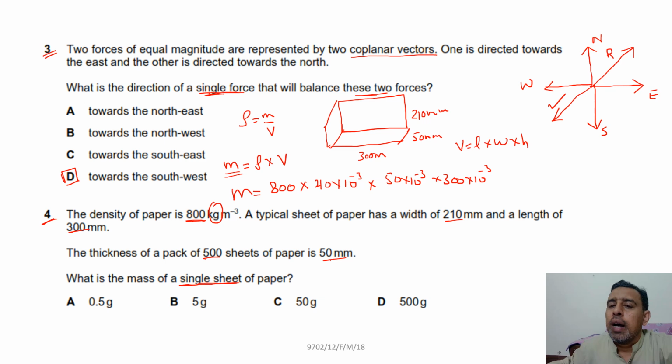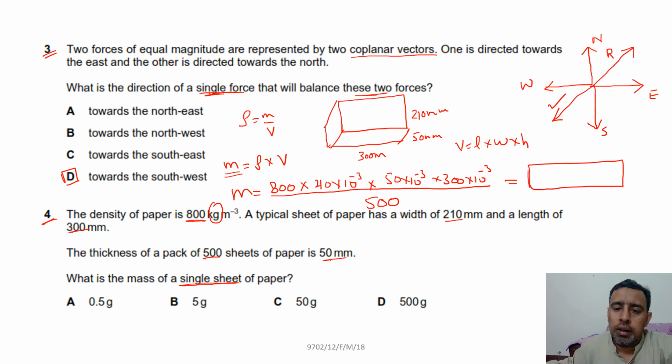This is the mass of the whole book, but the mass of the single sheet is required, so we have to divide this whole mass by 500 to get the mass of a single sheet. Let me calculate somewhere. Okay, by using the calculator we come to know that the mass is 5 gram, so option B is correct.